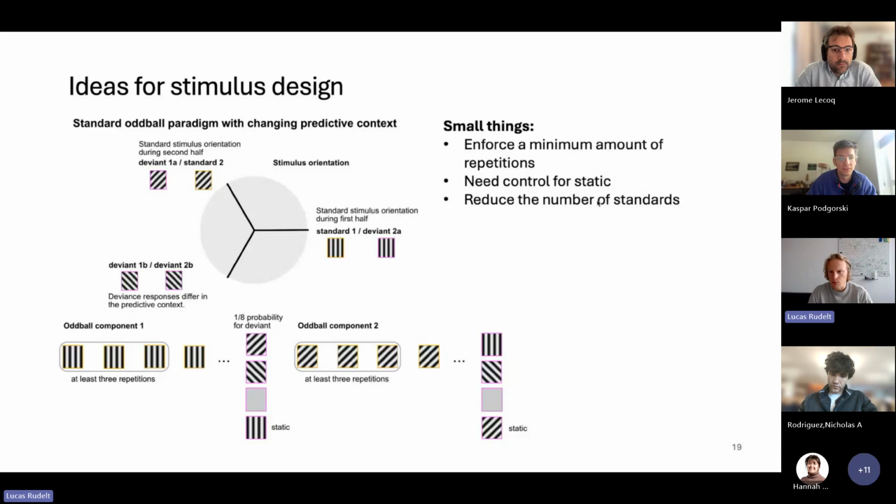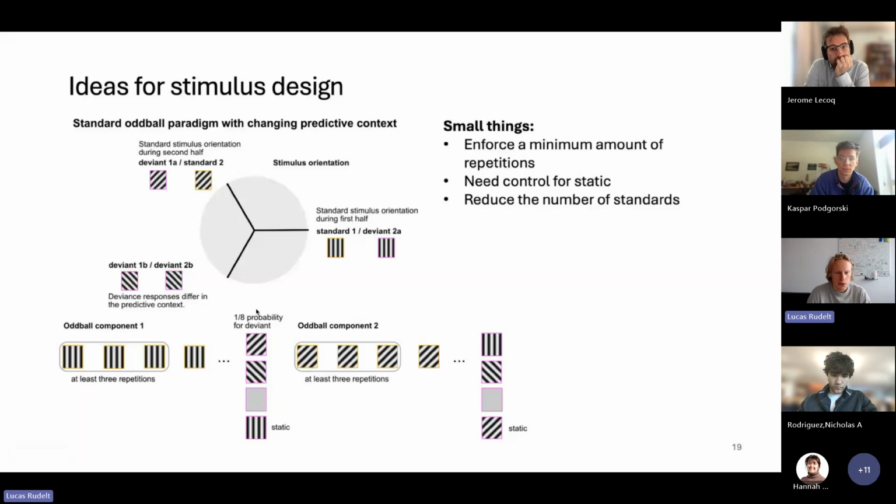And I understand that reducing the number of trials of the deviants is an effective way of reducing the experiment duration, but we could also reduce the number of standards, which is comparatively high if we compare to other papers right now.